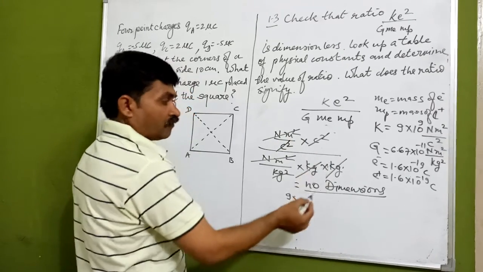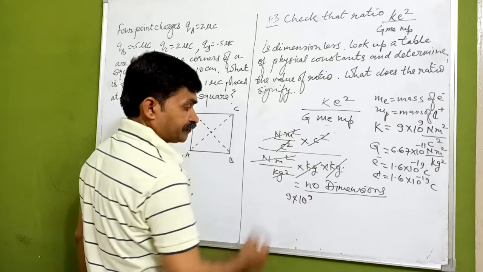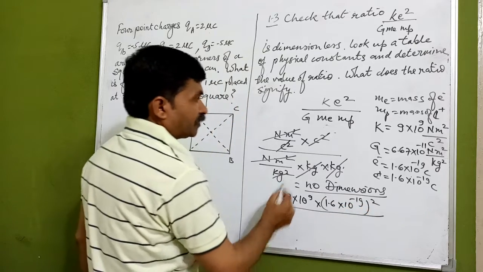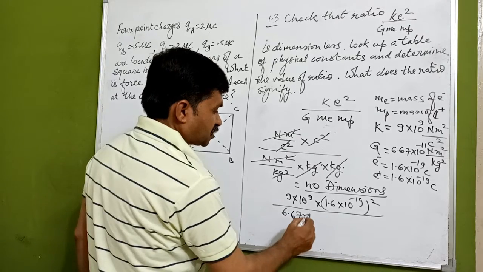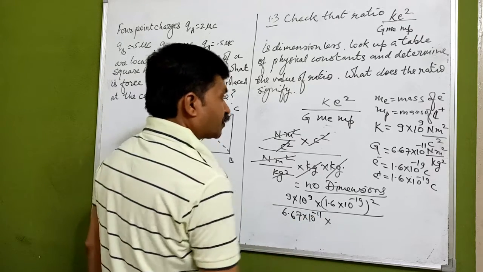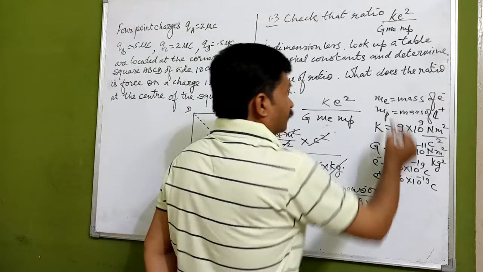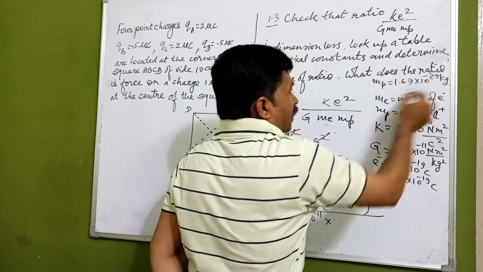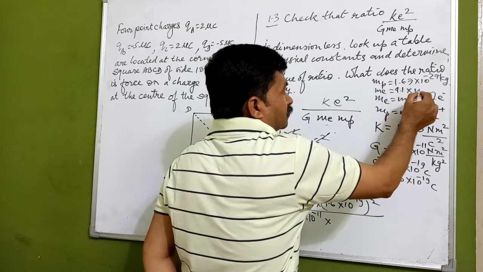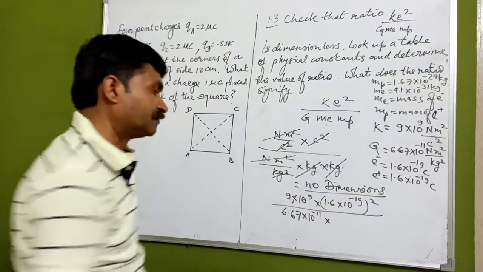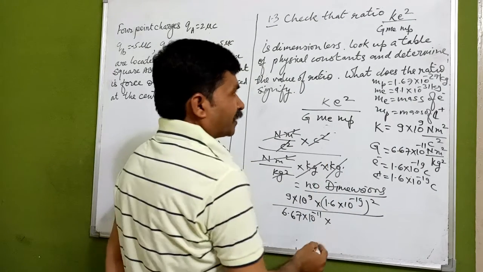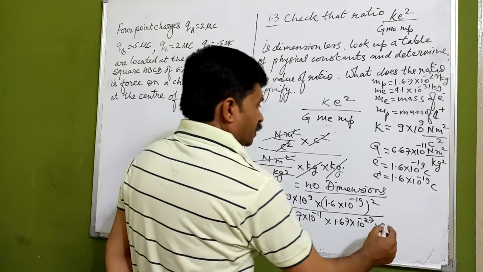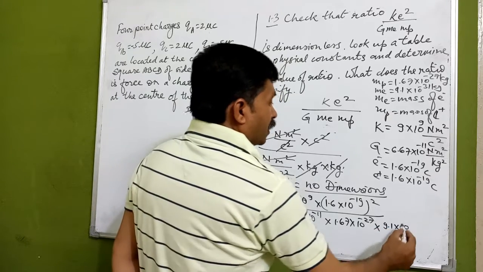It is 9 into 10 raised to the power 9, into 1.6 into 10 raised to the power minus 19 square, divided by the value of G, that is 6.67 into 10 raised to the power minus 11, times mass of proton, that is 1.67 into 10 raised to the power minus 27 kg, and mass of electron, that is 9.1 into 10 raised to the power minus 31 kg, that we can substitute here.